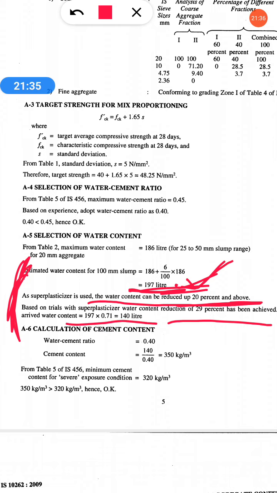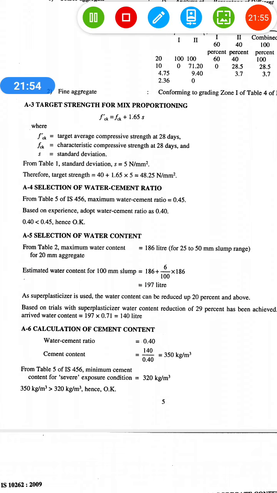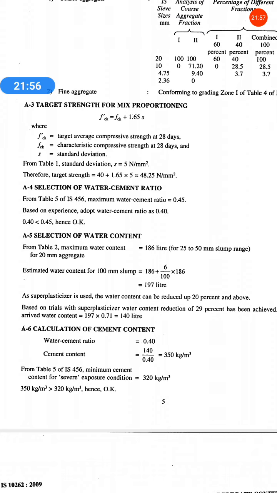So we are reducing 29% of 197. So from 197, our water content will be 140 liter. I am calculating here for your better understanding. See how this 140 comes here. We have reduced the water content by 29%.